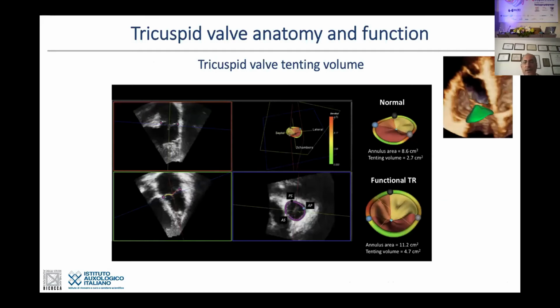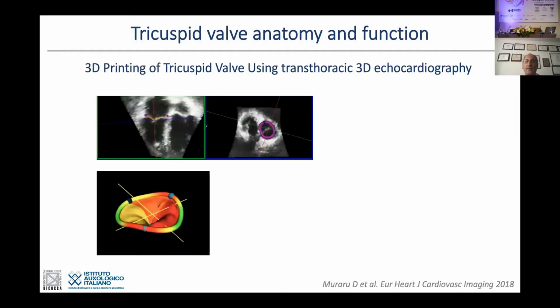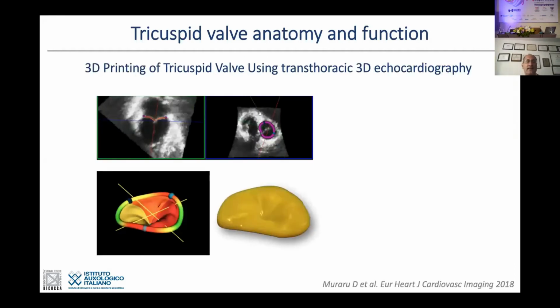And not only the annulus, but with the three-dimensional echocardiography, we are also able to quantitate the extent of the tethering of the leaflets with the tenting volume of the tricuspid valve. And this can also be translated in a 3D printing reconstruction of the tricuspid valve that can be used for teaching purposes, but also to plan surgical procedures.